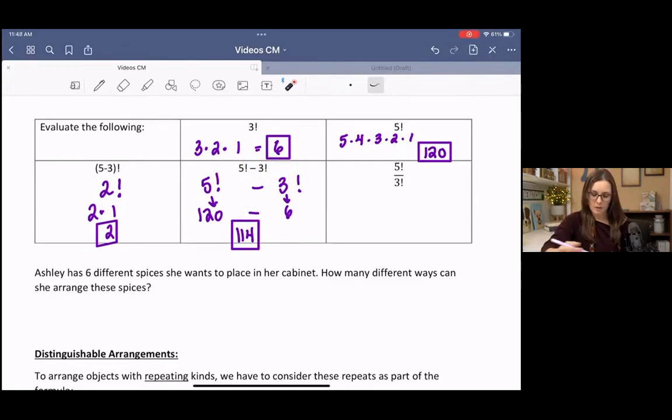Coincidentally, we already figured out what 5 factorial was, and also what 3 factorial was. So I just subbed those in and subtracted. So you can see that 5 factorial minus 3 factorial is not equal to 5 minus 3 factorial. It does matter where those parentheses and factorials are, so just be very careful in how you tackle those problems.